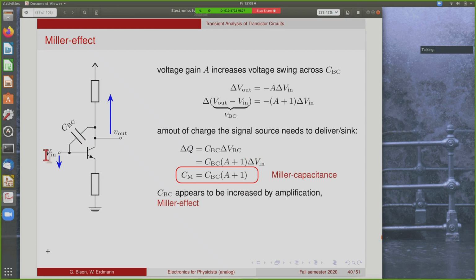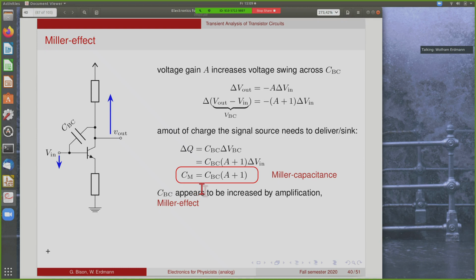So effectively, from this point here, the capacitance between collector and base looks as if it was multiplied by a factor A plus 1, and this multiplied capacitance, so this multiplied by the gain, is called the Miller capacitance, and the whole thing is called the Miller effect. So the base collector capacitance appears to be increased by the amplification.